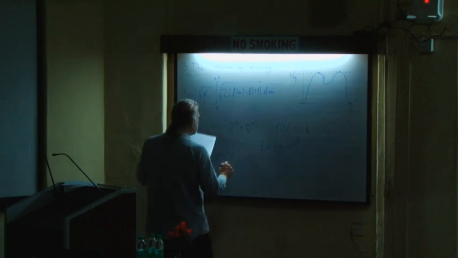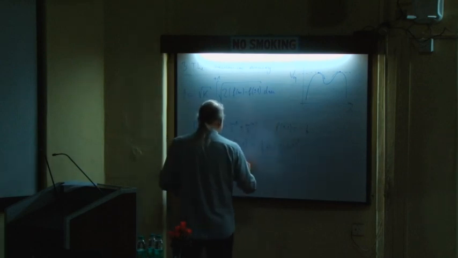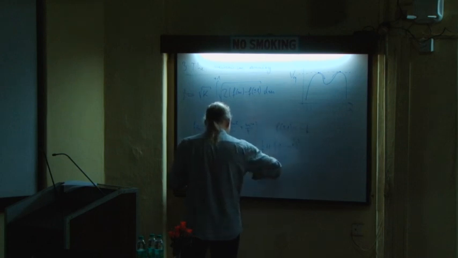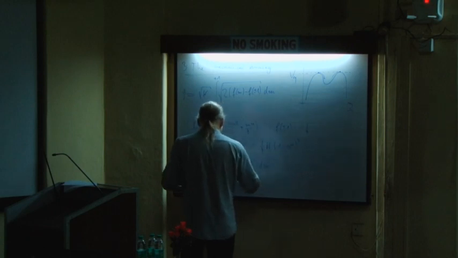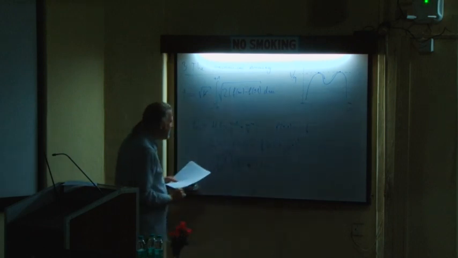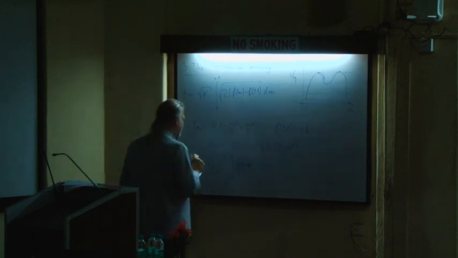And then I have just to calculate the integral of (1 minus m squared) dm from minus 1 to 1. So I hope you still know how to do that.